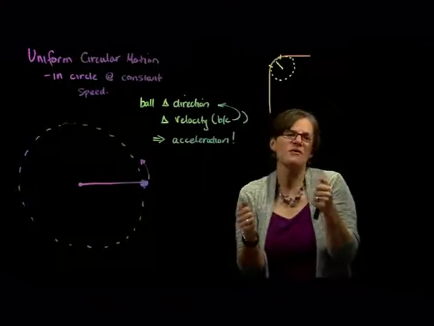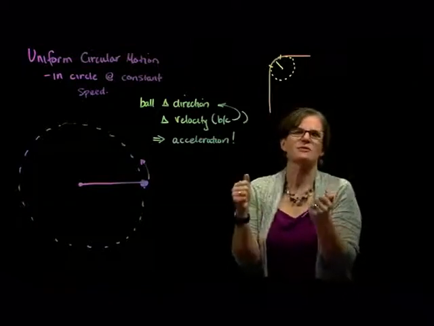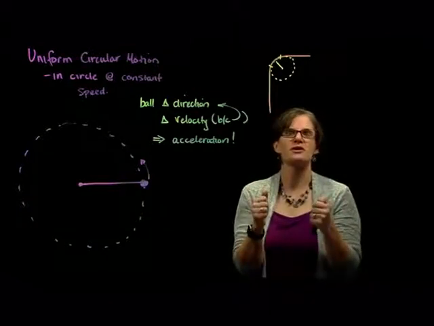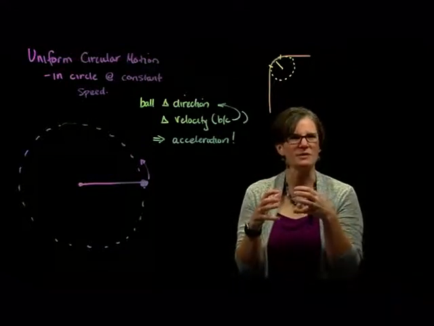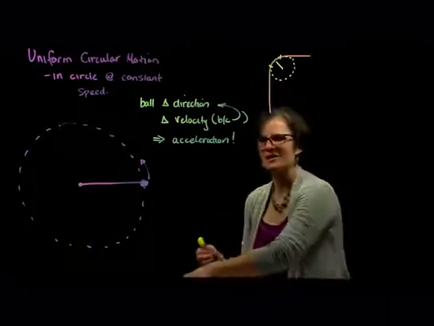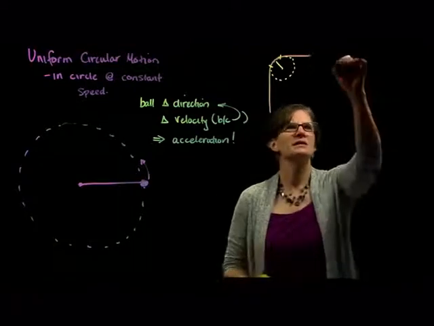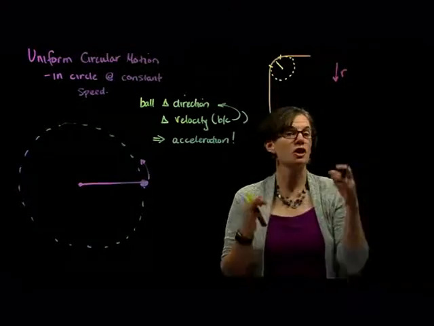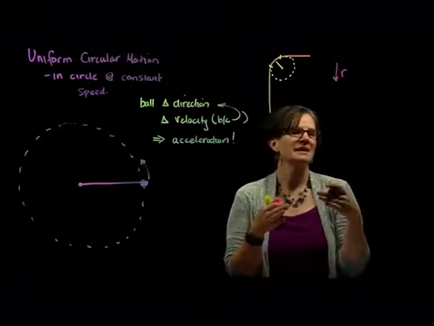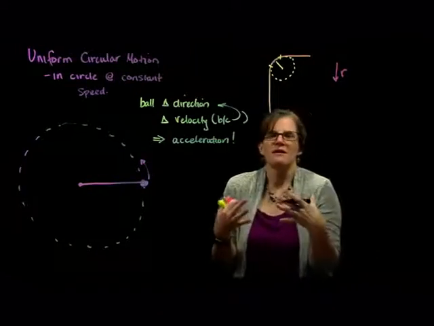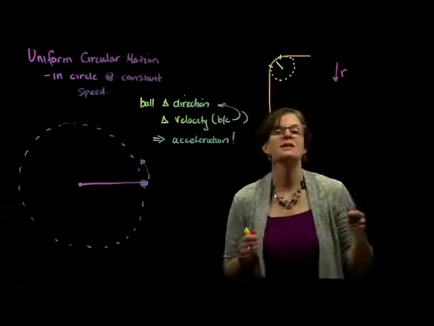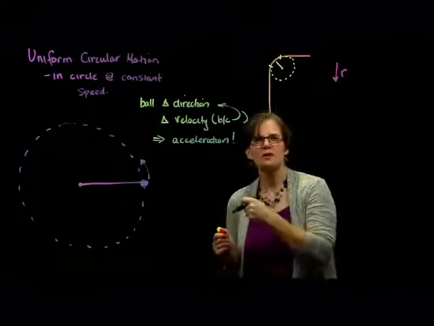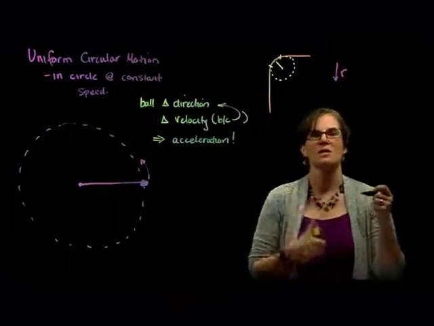It takes more force to turn around those tight curves, if we think about it in terms of a force. So if I decrease the radius, I make those curves tighter, the amount of force it takes to turn around that corner goes up.